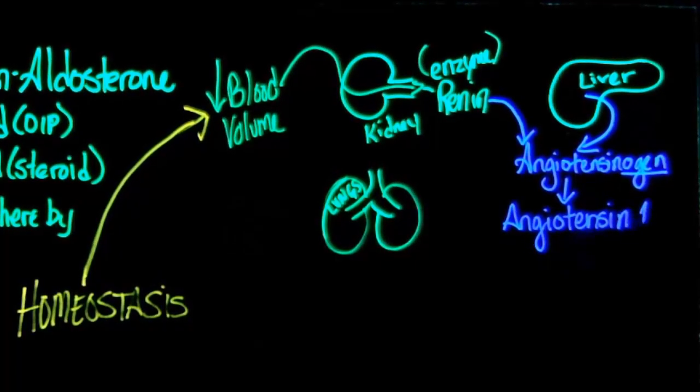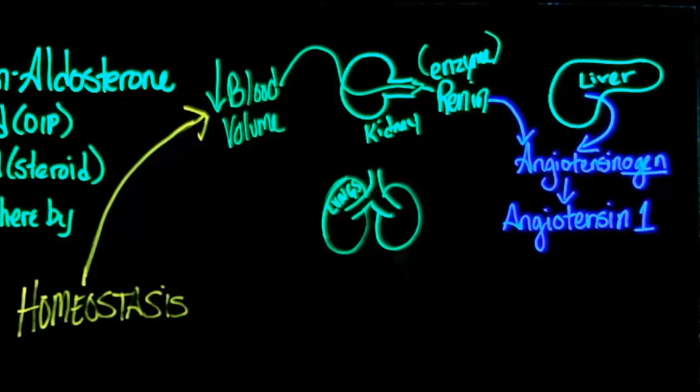Unfortunately, this is still an immature and not functional hormone yet. It's not a functional protein. However, we took that precursor immature angiotensinogen and converted it partially into angiotensin.